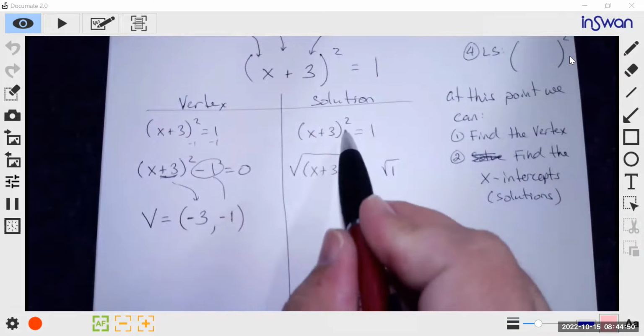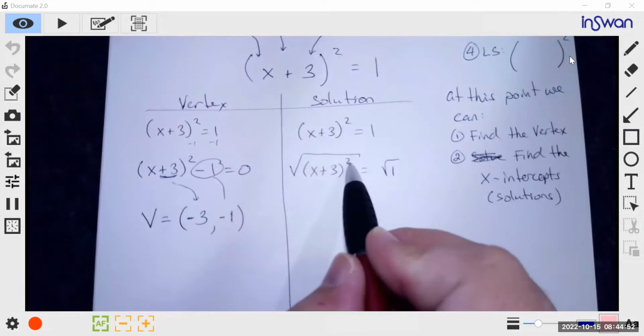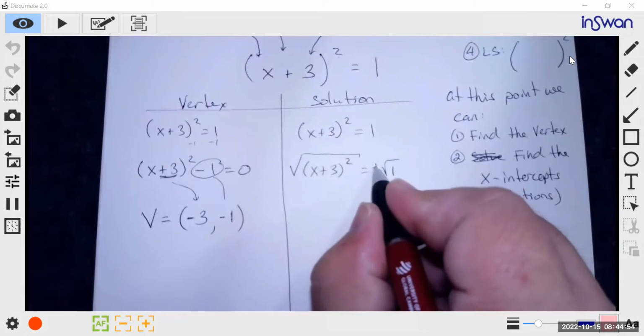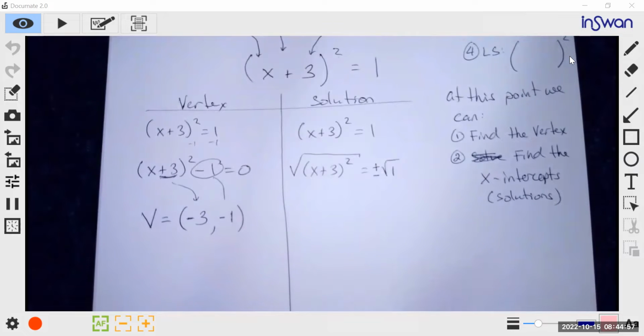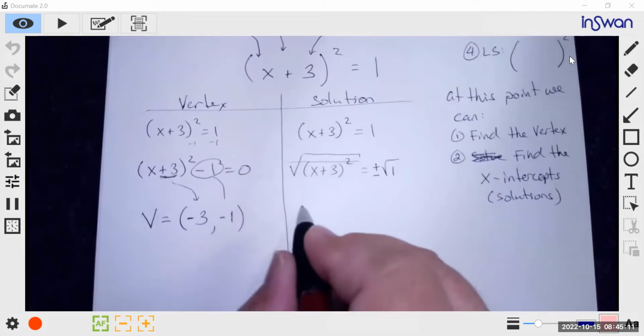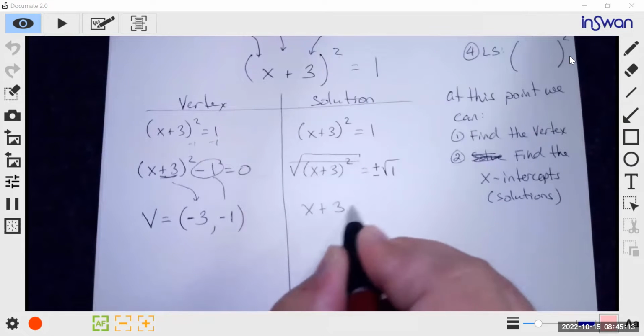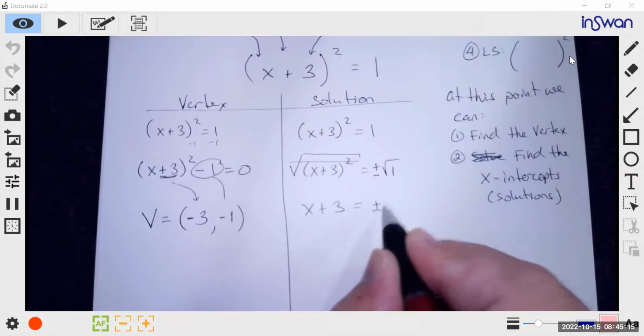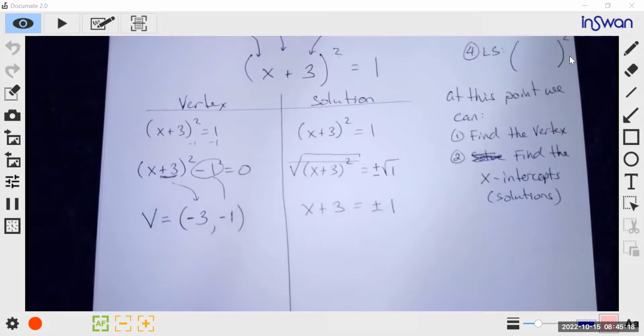And remember, whenever you square root a squared term, you have to put a plus or minus in front of the answer. So the square root and the square cancel. We have x plus 3 equals plus or minus the square root of 1, which is 1.